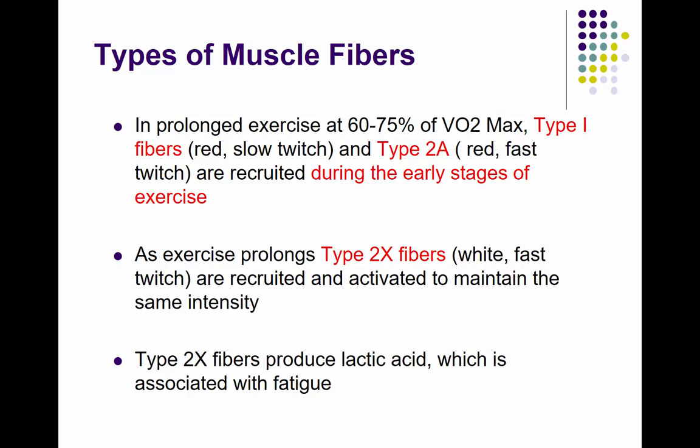Type 1 fibers and type 2A fibers are recruited during the very early stage of running the marathon, and are involved in the metabolism, oxidizing the energy fuels and generating ATP for exercising, right?